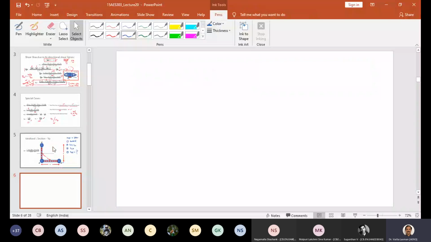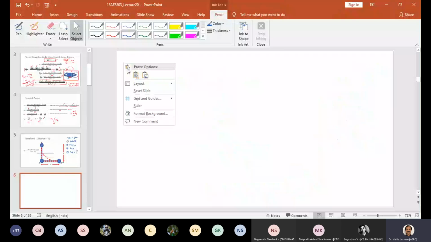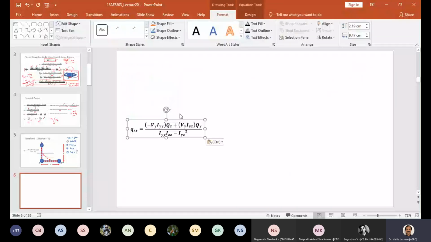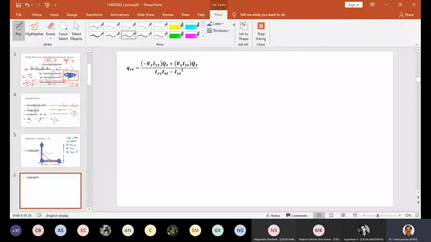Right. So this is the formula. The formula is pretty straightforward. I'm just keeping it here. You see that if you know the formula, you have to know Vy, Iyy, everything, right? Qz, Vz is not a big deal. We'll do it later. Now we'll do it step by step.